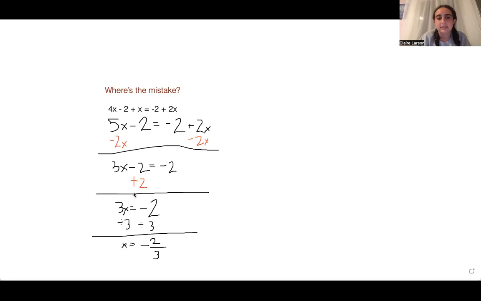So since I added 2 to this side, I have to add it to this side. And then I continued, but it was wrong because I did this one wrong. So that's something to stress because it's a big rule. If you do something to one side, you have to do it to the other. Make sure to always do that.